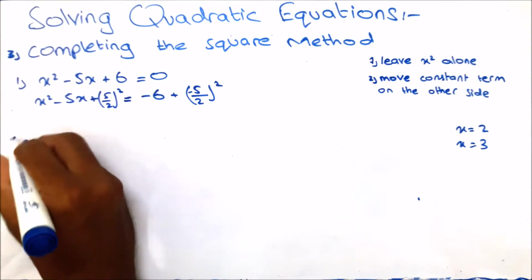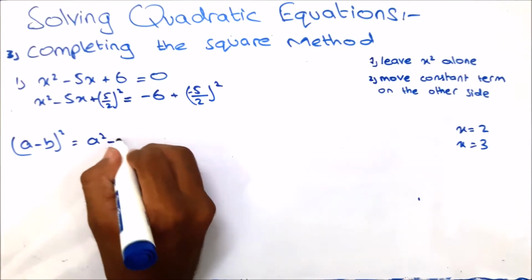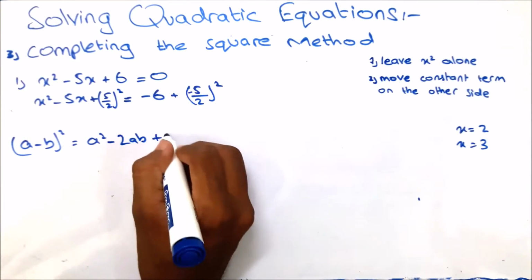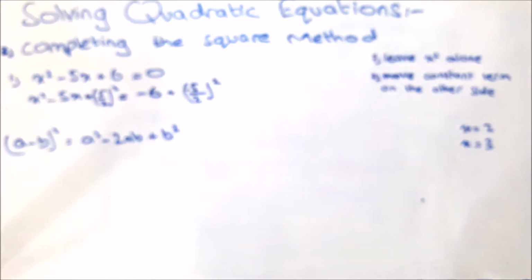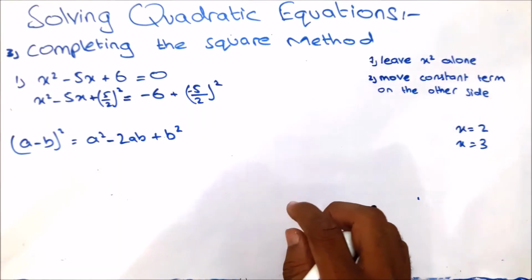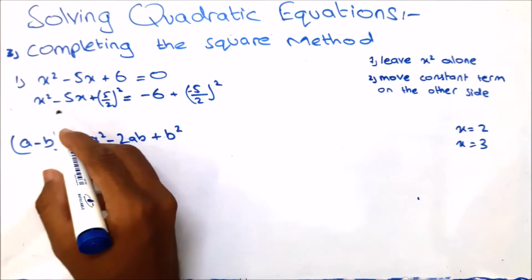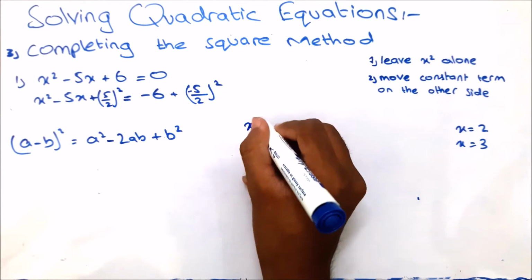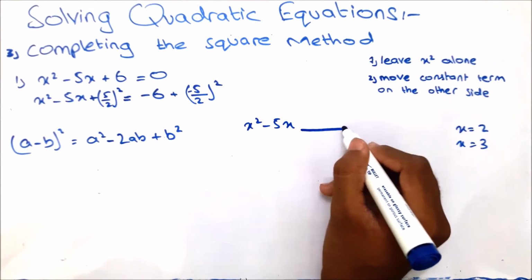I'll just write that formula again. a minus b whole squared is equal to a squared minus 2ab plus b squared. So here we have this formula, and we were left with x squared minus 5x, and we were left with the whole blank.